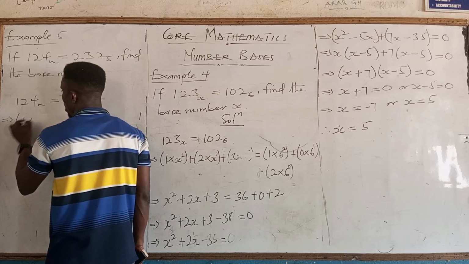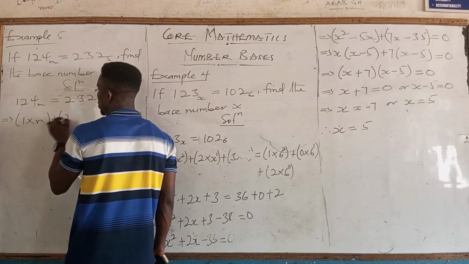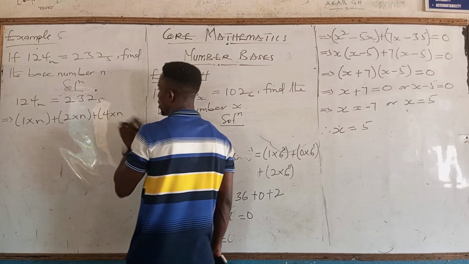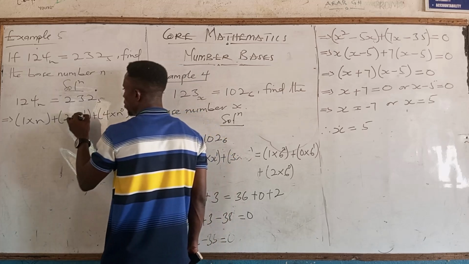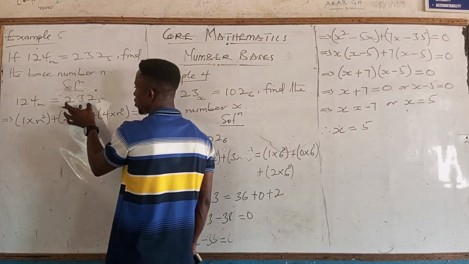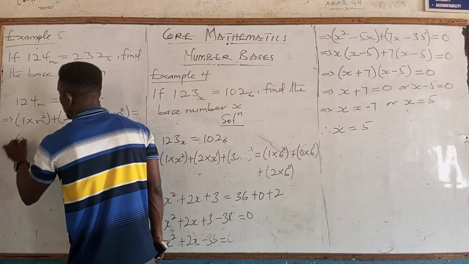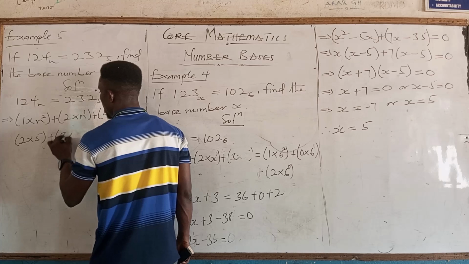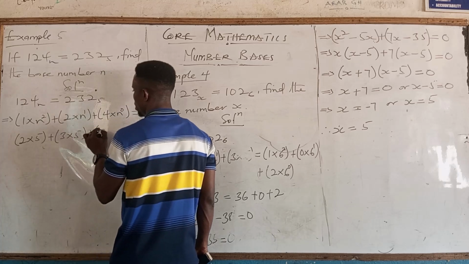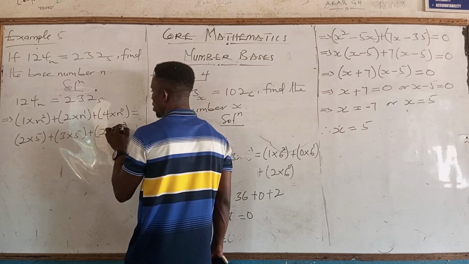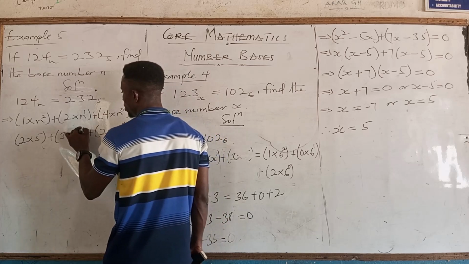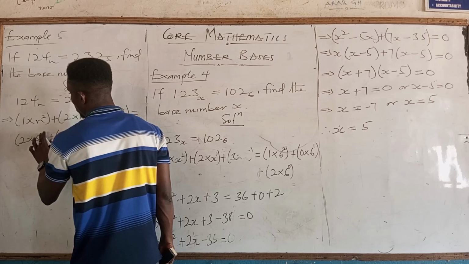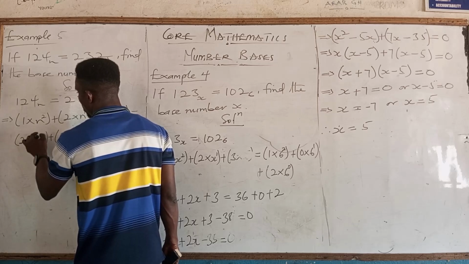So I'll have 1 times n to the power 2 plus 2 times n to the power 1 plus 4 times n to the power 0, which is equal to, then we convert that one too: 2 times 5 squared plus 3 times 5 to the power 1 plus 2 times 5 to the power 0.